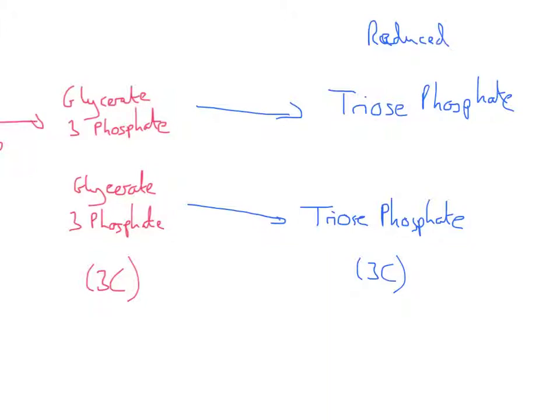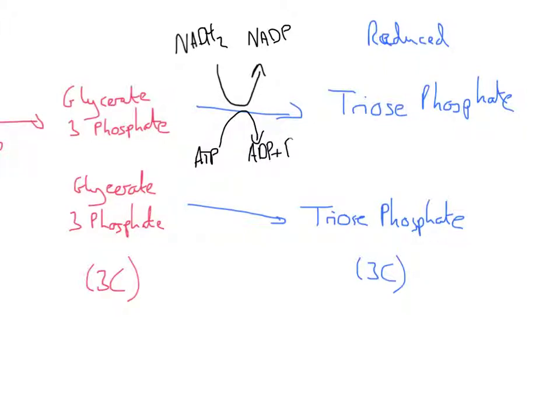of glycerate 3-phosphate. In order for this reduction to occur, an oxidation must also occur, and that oxidation is when NADPH2 is converted to NADP. That is the oxidation, but also as this is happening, ATP is converted to ADP and inorganic phosphate.